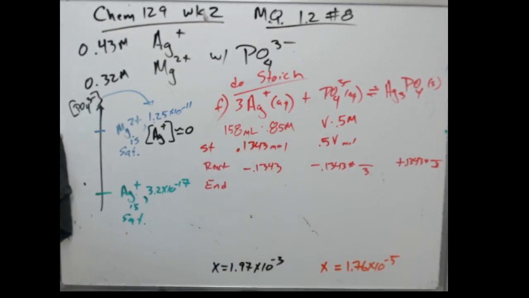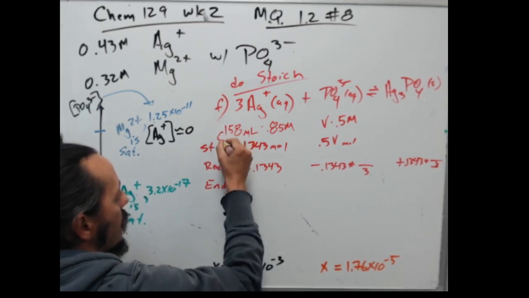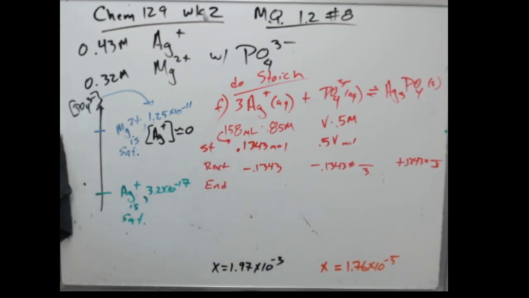Unless I did that wrong. Right. Volume times molarity gets me my number of moles. I was originally going to leave it in millimoles, but it works out pretty nicely. Let me double check that real quick. 0.158 times 0.3. Oh, no, times 85.